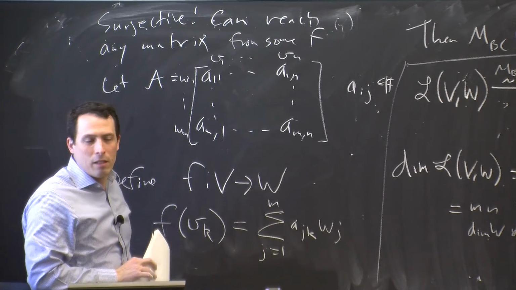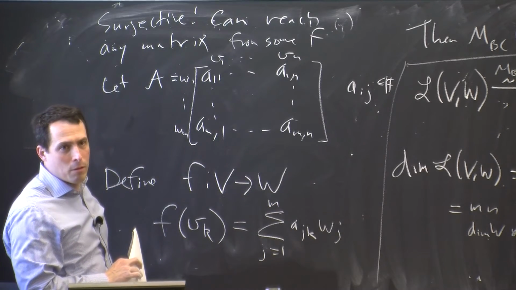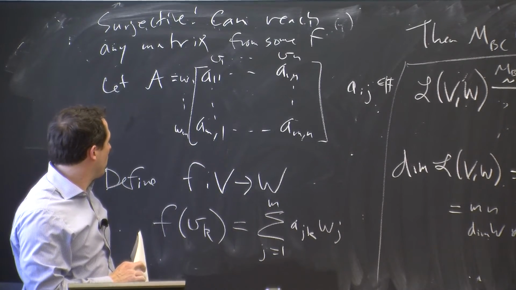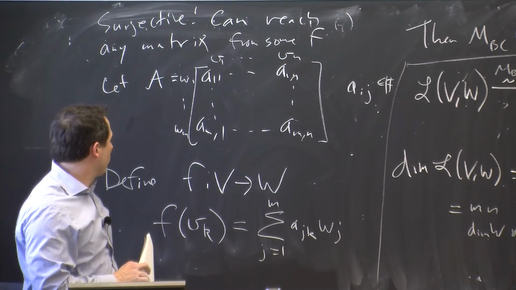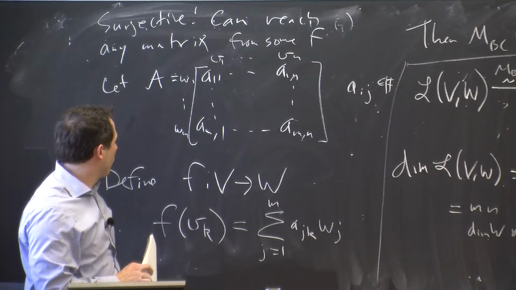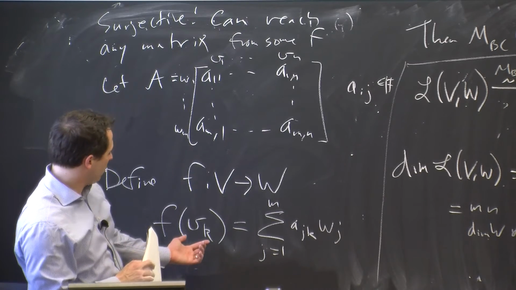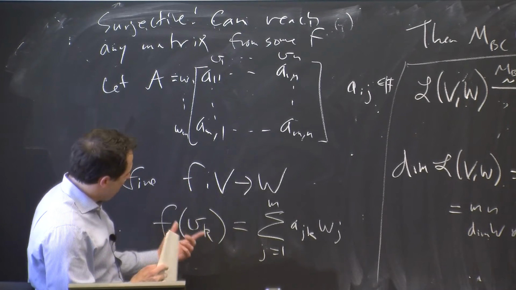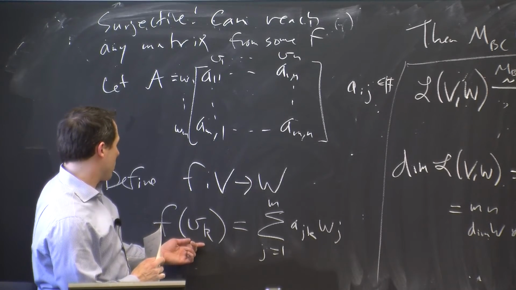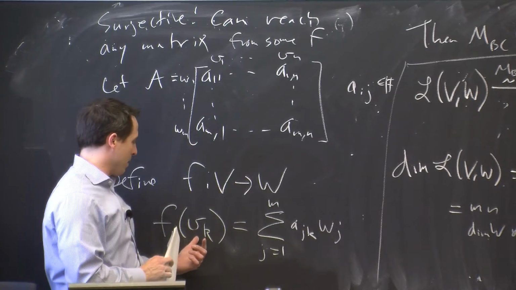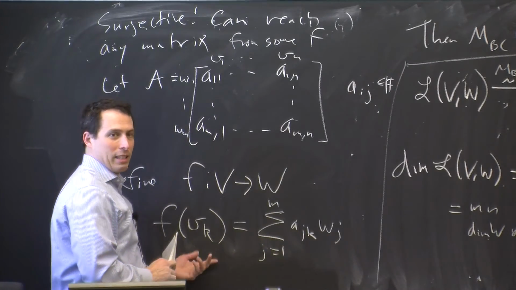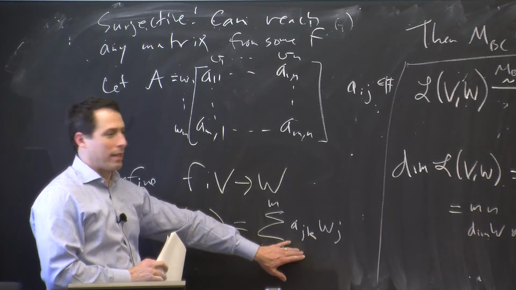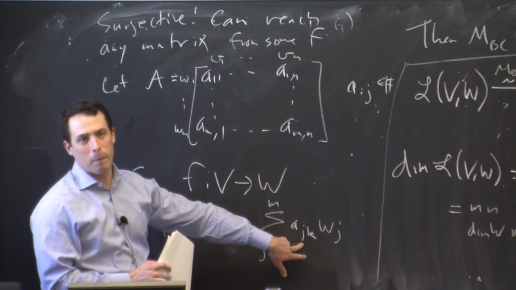No, because this is just saying whatever basis I have for V, whatever basis I have for W, I can define a linear map in terms of those two bases and the data of the matrix.